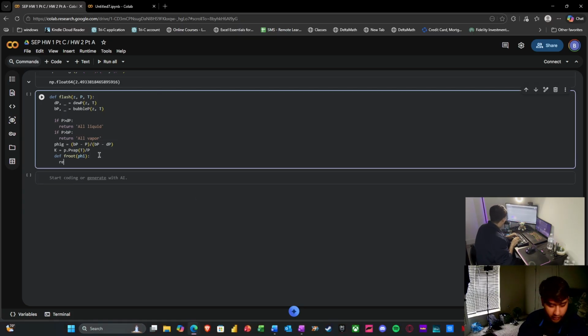Now we'll be returning our equation that we found earlier, our Rachford-Rice equation. And we're going to be using our JAX function to help us solve that. So we'll do jnp.sum and then write down our Rachford-Rice, which is z divided by 1 plus phi times k minus phi.